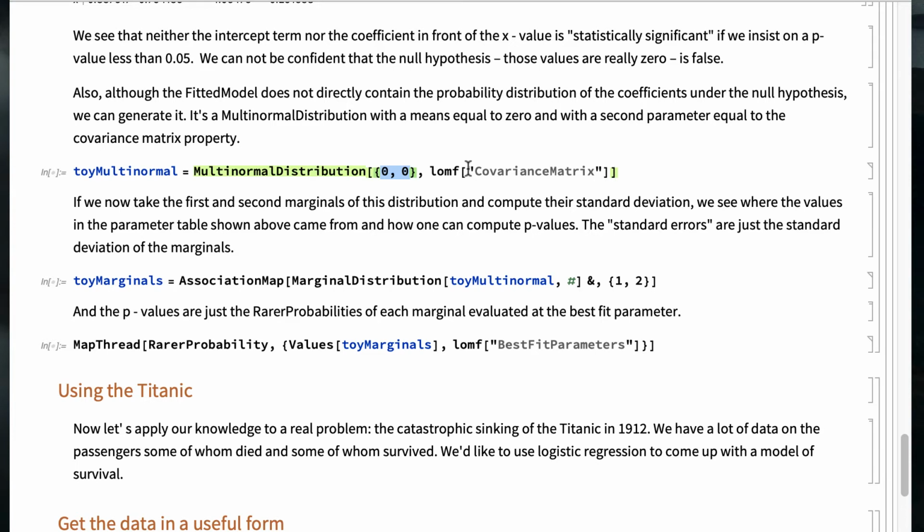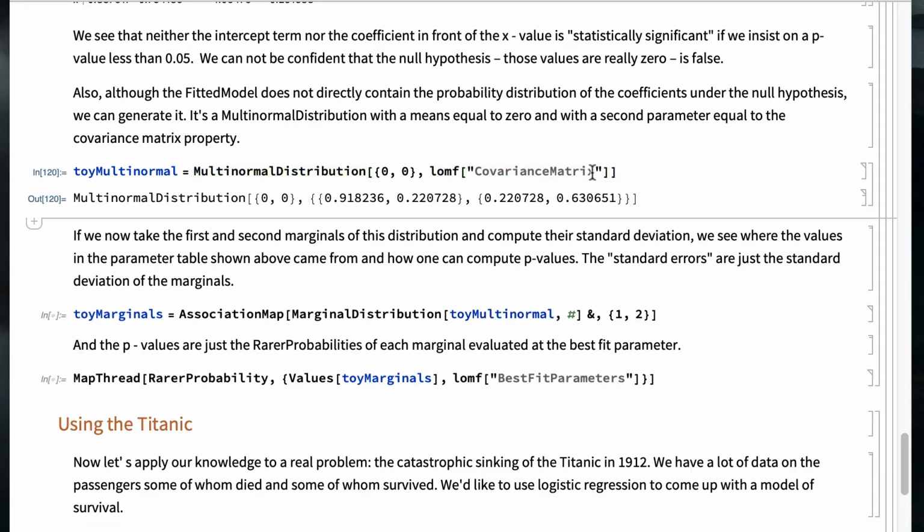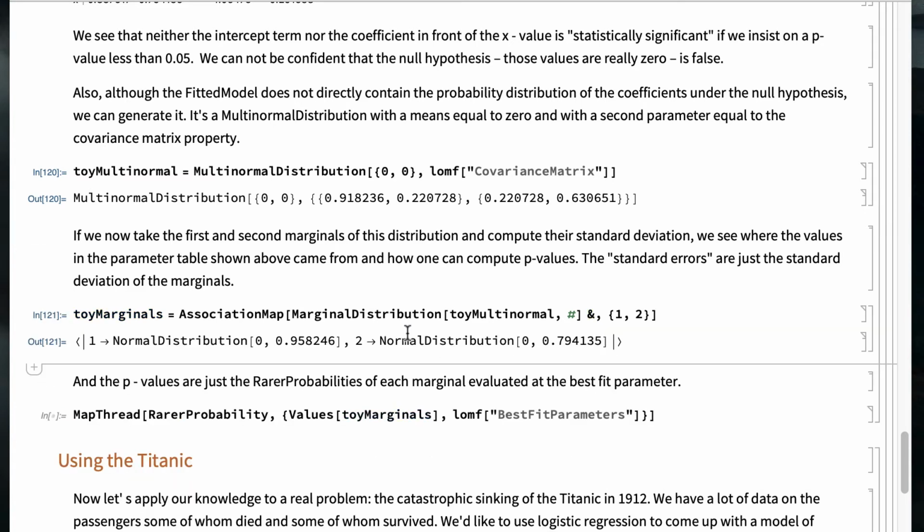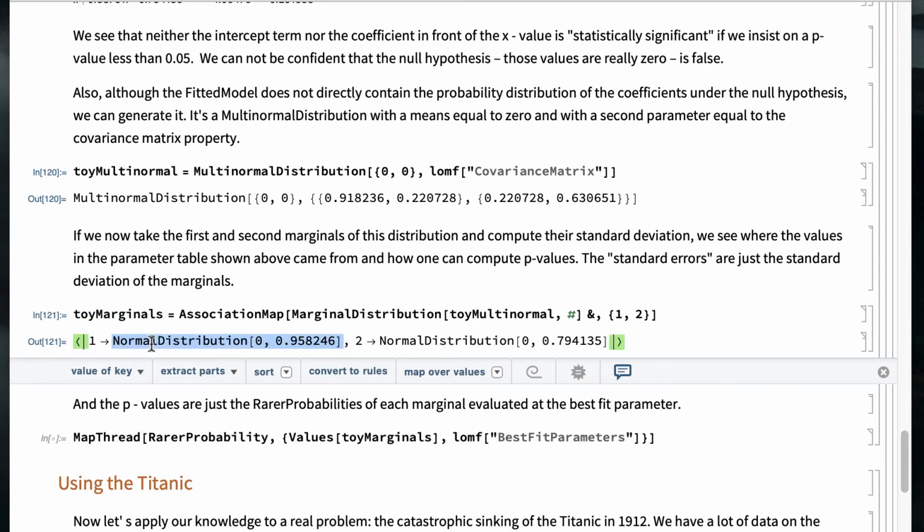And as it turns out, we can compute the covariance of the multinormal distribution here by asking it for the LOMF covariance matrix. So this is going to be the distribution of the parameters under the null hypothesis. We can then take the marginals of that multinormal distribution. So let's do that. The first marginal is this normal distribution. The second marginal is this normal distribution.